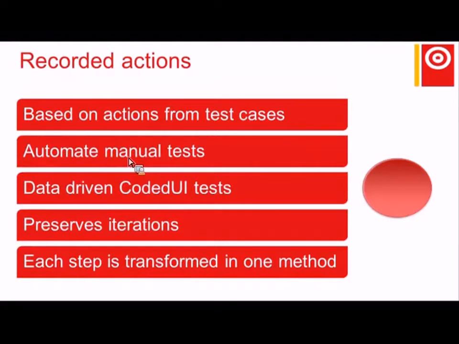I'll show you about data driving coded UI tests later on. Iterations are preserved, and each method that was in your MTM test is converted into one action. I don't have time to demonstrate this conversion now.